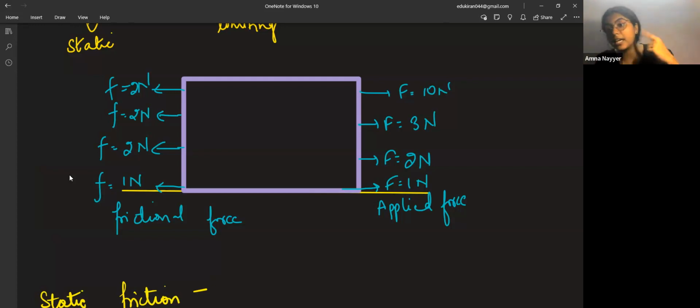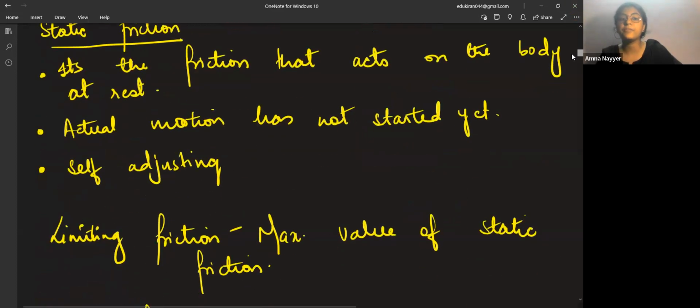When I increased my force, it also increased its force. So this is what is meant by static friction: the friction that acts on the body at rest, actual motion has not started yet, and it is self-adjusting in nature. This is the first type of friction force.